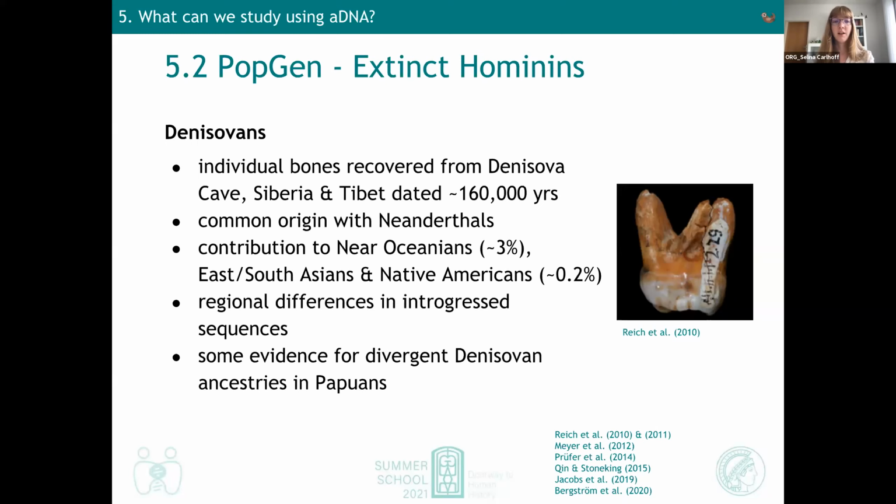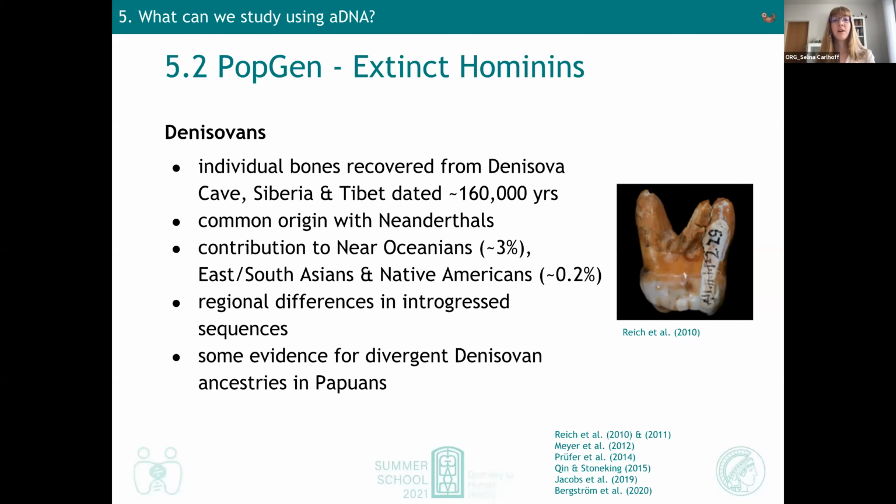And even though the archaeological remains have only been found in a very small part of the world, it seems that the Denisovans contributed to quite a vast group of modern humans as well, similar to the Neanderthal.